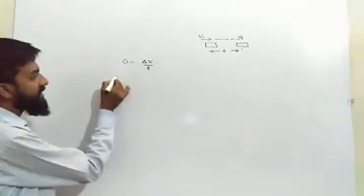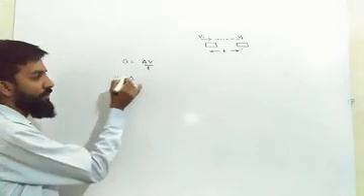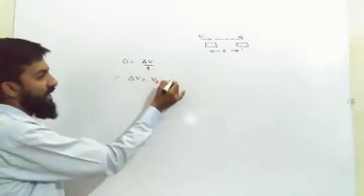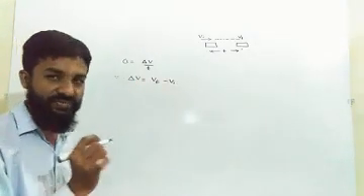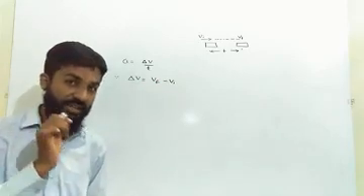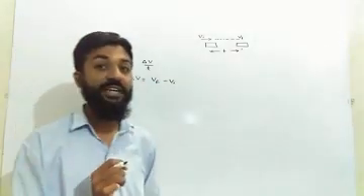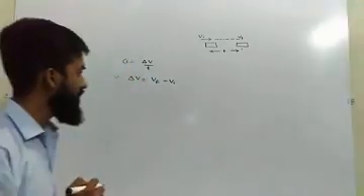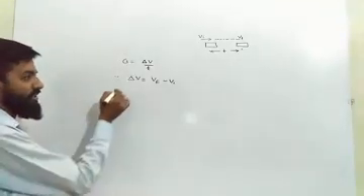The change in velocity delta V is equal to Vf minus Vi. When we subtract the initial velocity from the final velocity, we get the change in velocity.